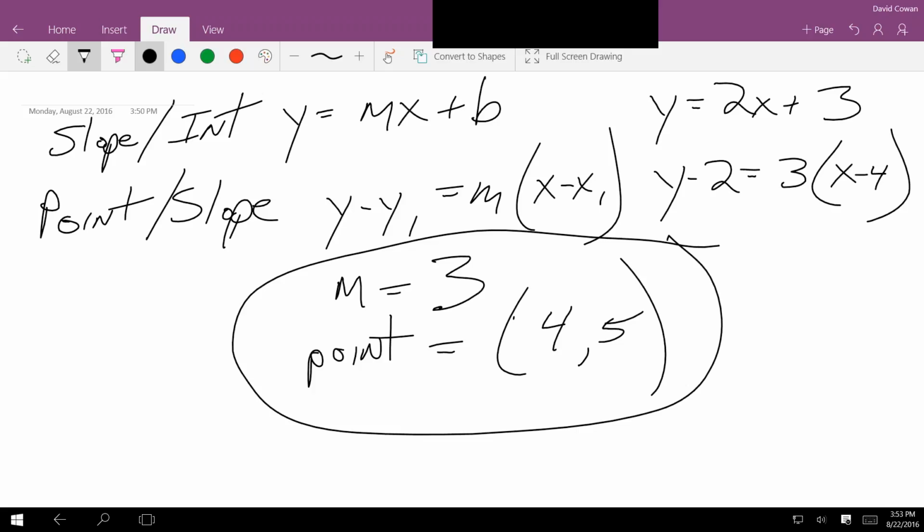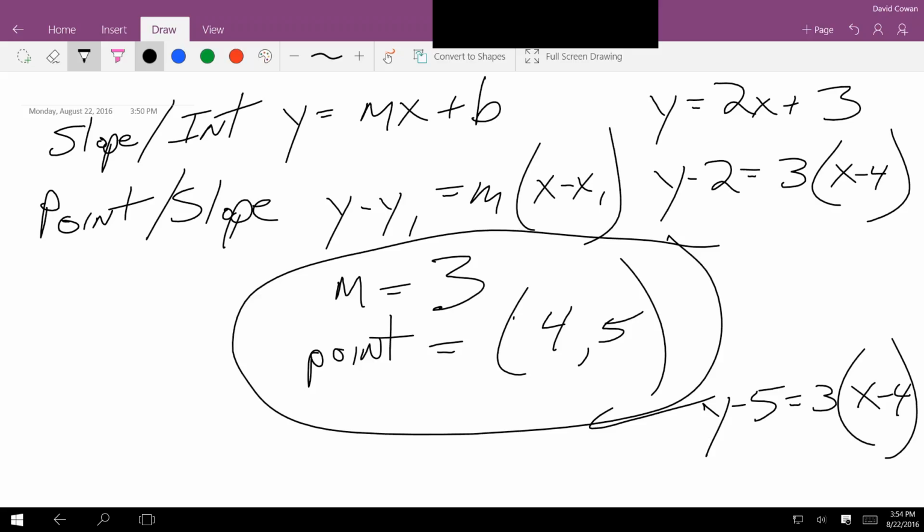What's the point-slope format of that line? The point-slope format would be y minus 5 equals 3 times x minus 4. Perfect. And that's a perfectly good answer if they didn't specify anything more.